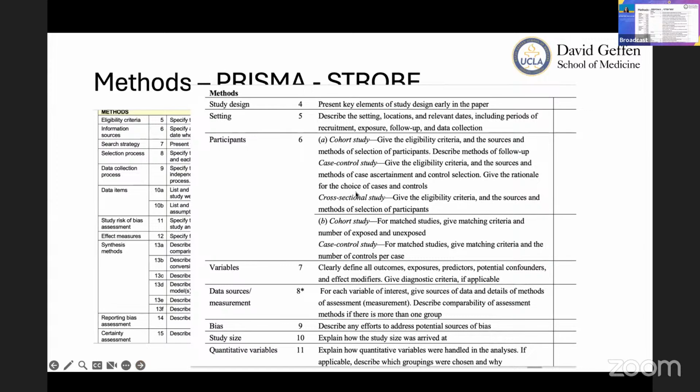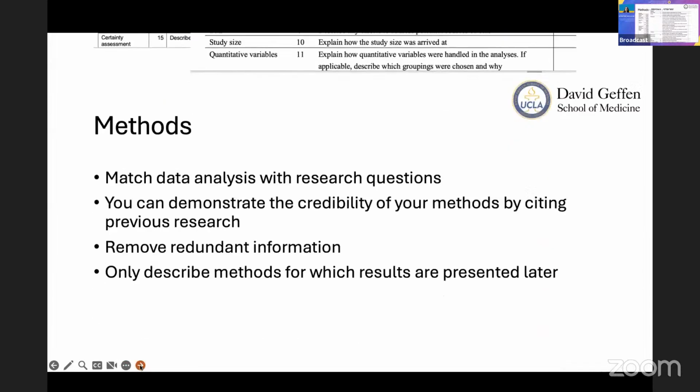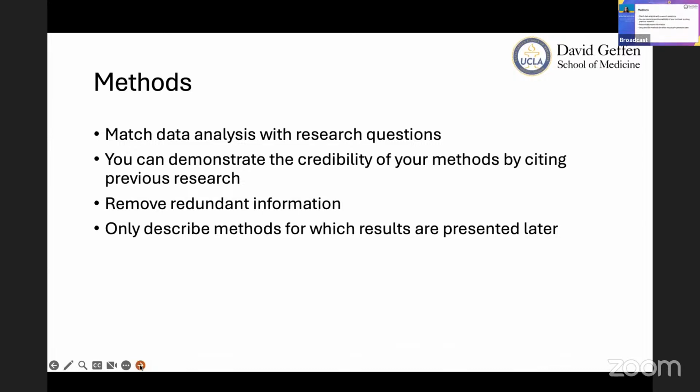All the main documents are in that QR code. I'm happy to send the documents by email too. That's how you form a skeleton and then you put all the information in there. Then we have to match the data analysis with the research questions. Whatever the research question we had, each of those data analyses should be in the methods section.